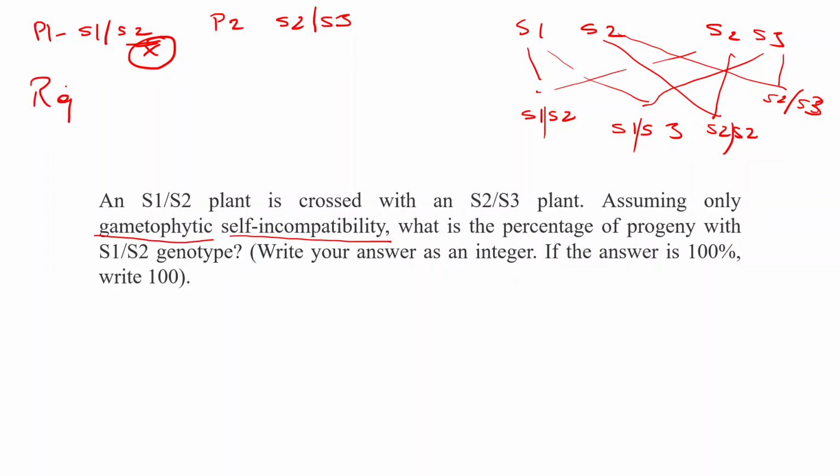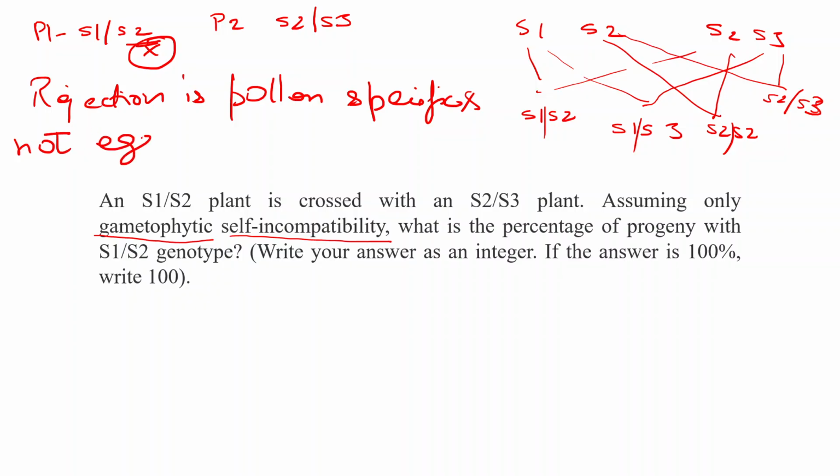Let me just write here. Rejection is pollen specific and not egg specific. So here the rule is pollen is rejected if its haploid S allele matches either allele of the stigma.